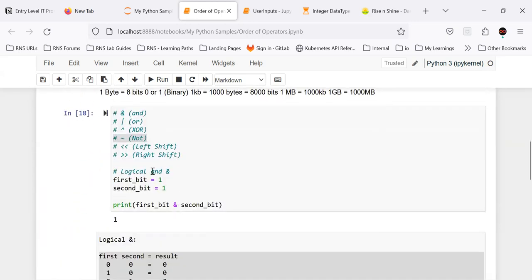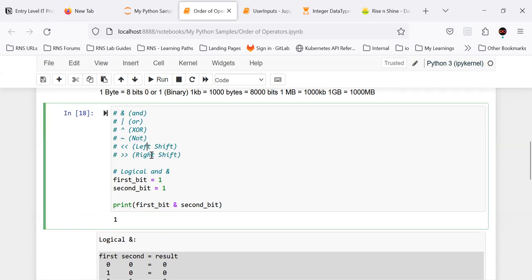So overall, among these operators, here we have left shift and right shift. We'll talk about it tomorrow. But the remaining concepts, if you observe, are logical and, logical or, logical exclusive or, and this is logical not. So what is the logical and?